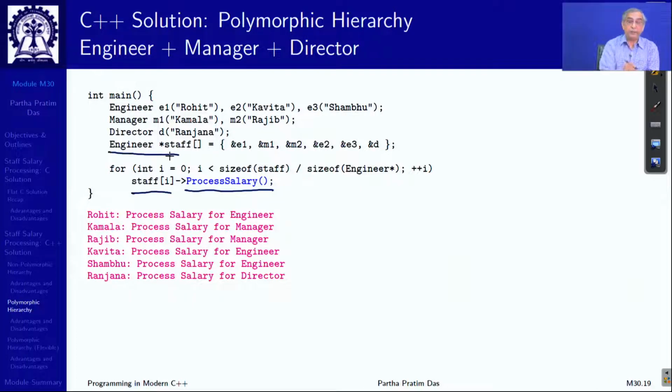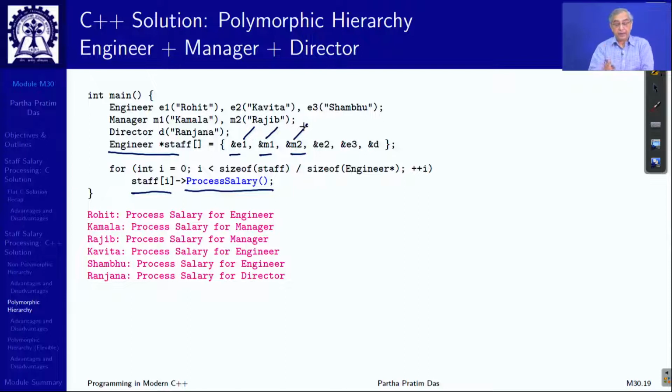of which the pointer type I have got. So, this pointer has a static type which is engineer, but its dynamic type will keep on changing as it traverses. For the first object it is engineer, so it will invoke the process salary for engineer. For the second object it is manager, so it will invoke the process salary for manager.